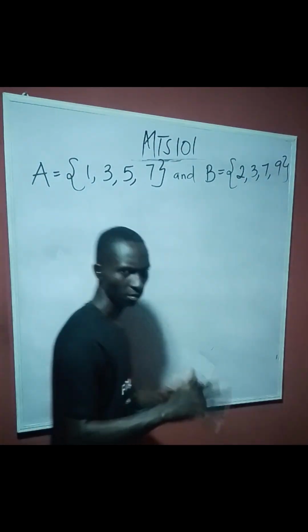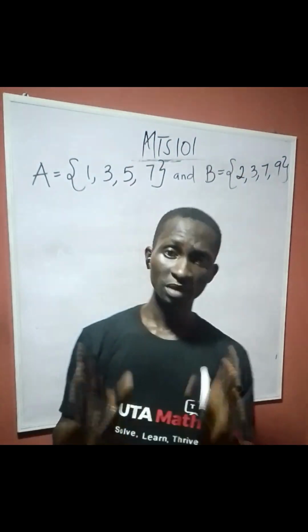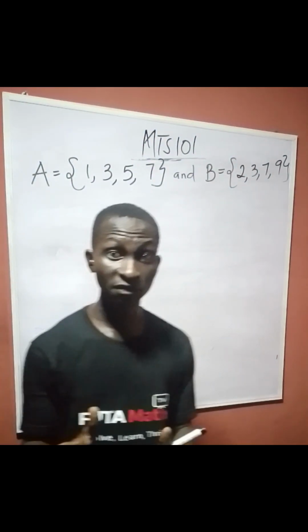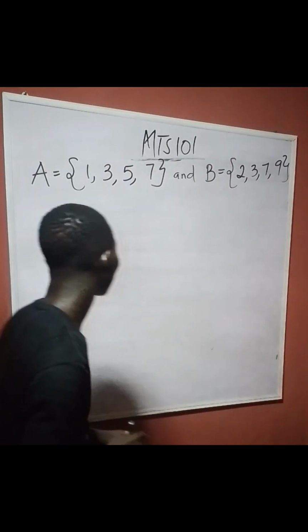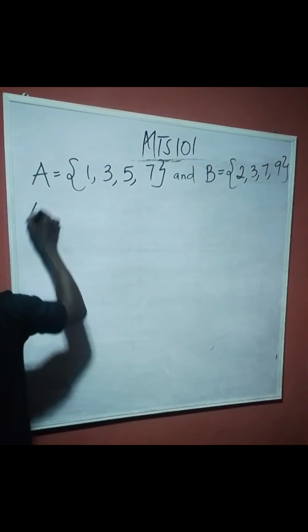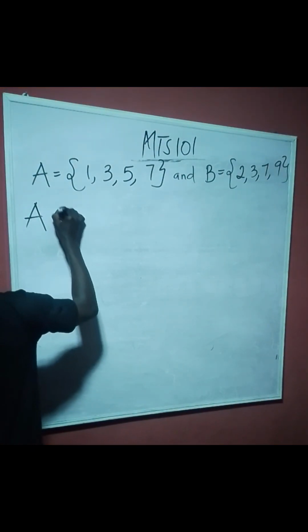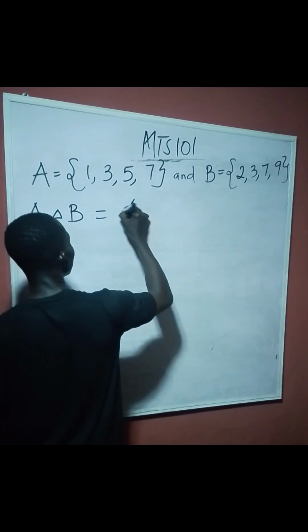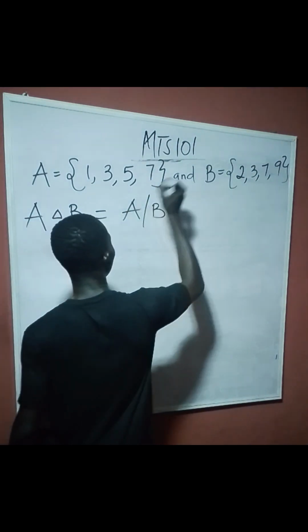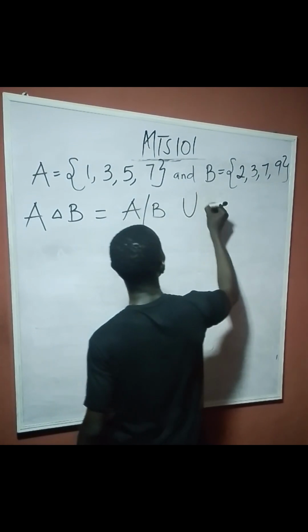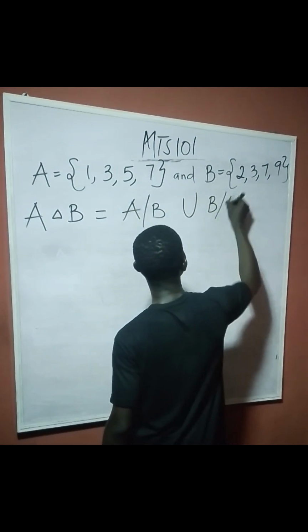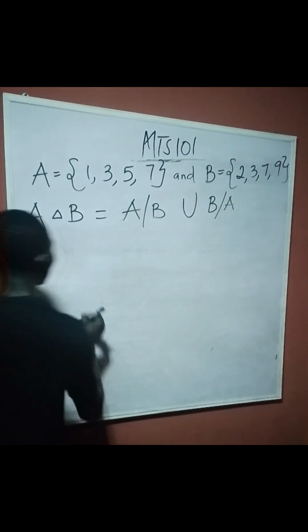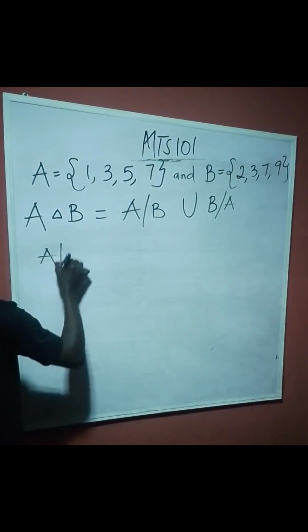Now, we said there are two ways in which you can get the symmetric difference. We just finished with the first method. So let's try the second method. A symmetric difference B. So let's use this approach. A difference B union B difference A. Now this time around, what is A difference B?